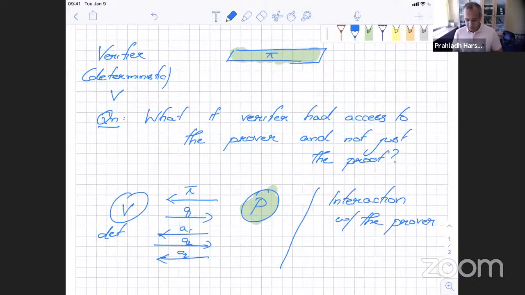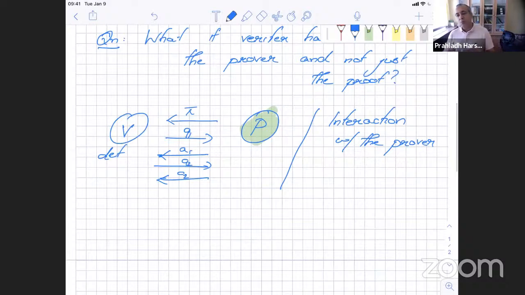I haven't defined things formally, so everything is very informal. Suppose I had an interaction with the prover, will I be able to prove more things? We are going to look at everything from a computational point of view. Am I going to be able to prove things, say, beyond NP with this? Suppose I have access to such a prover, can I do more than what I could have done previously?